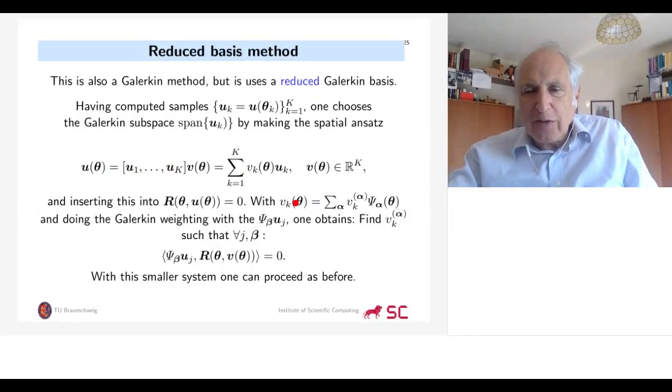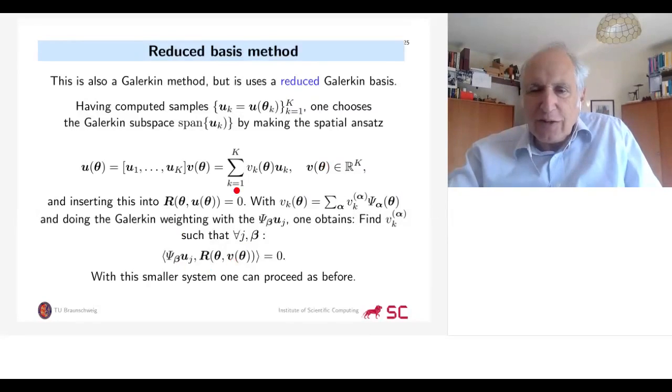Okay, and these guys now, they could be expanded by a polynomial chaos if we wanted to, okay? But the main thing is now, how do I compute these coefficients, okay? These ones here are directly V of theta, and it is by doing a Galerkin weighting. If you want to compute V of theta directly, that's often done.